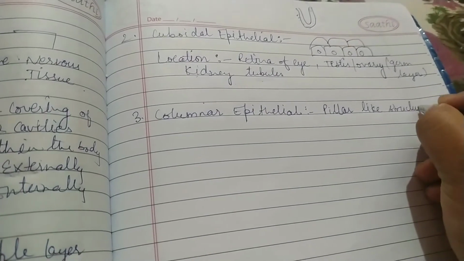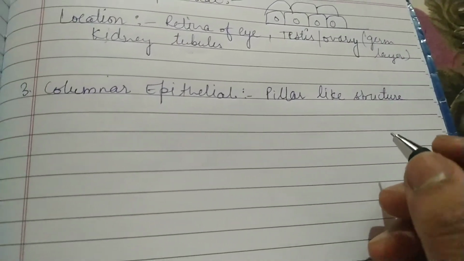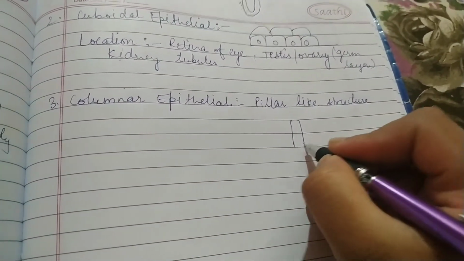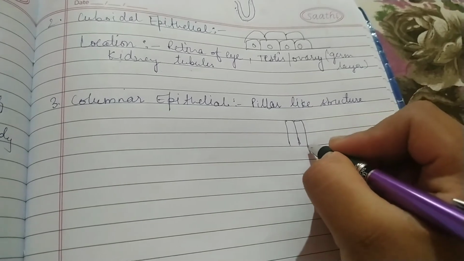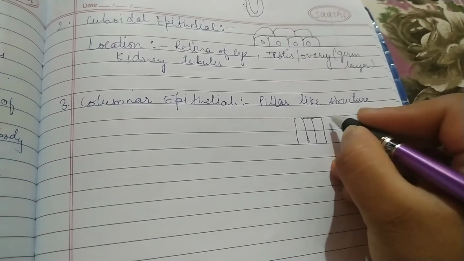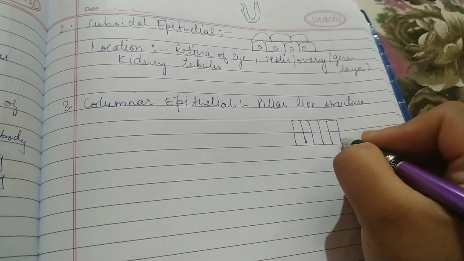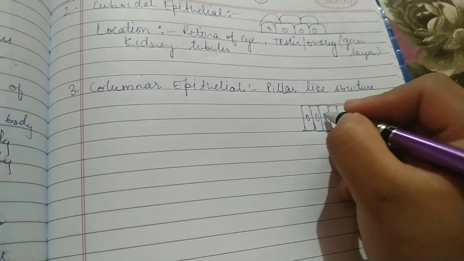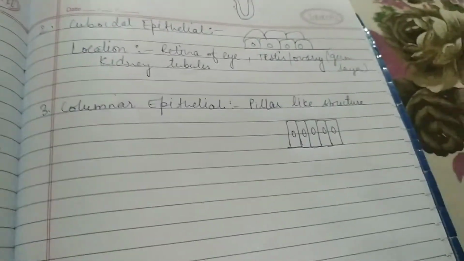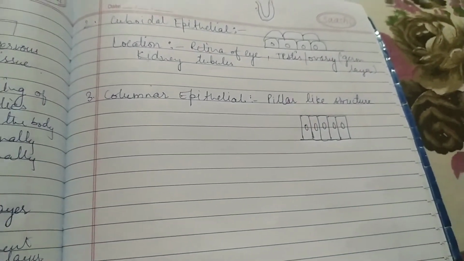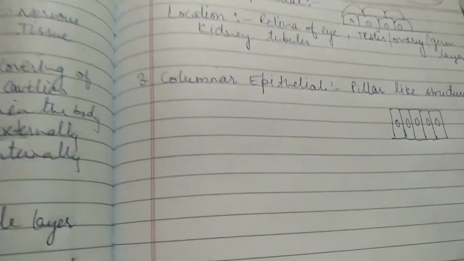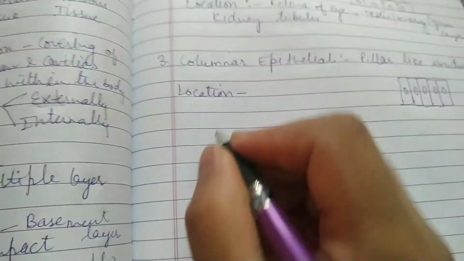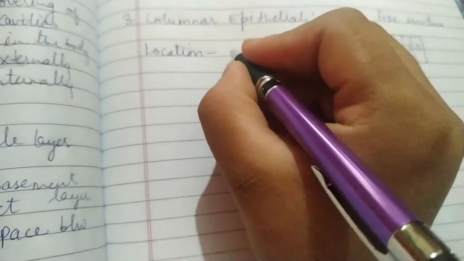So the structure of columnar epithelial is pillar-like. So this is the structure of columnar epithelial. Where it is basically found, the location, is in the lining of the intestine.